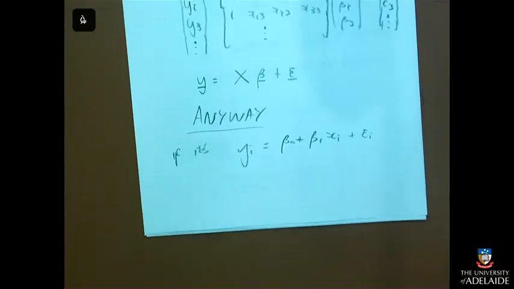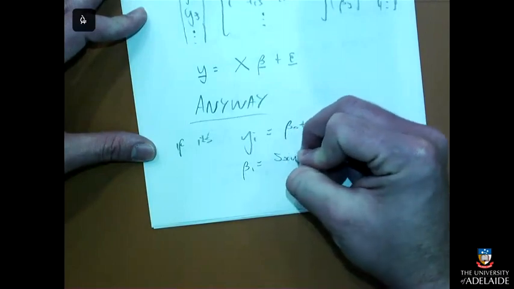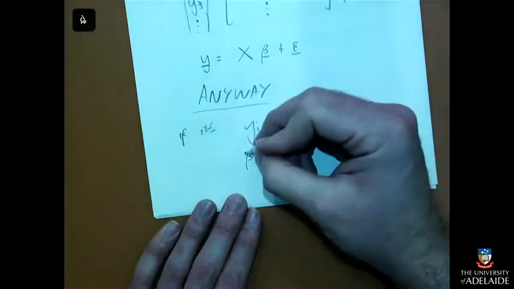But you have been given these ones, that the beta 1 will be the Sxy divided by the Sxx. And this Sxy is the sum of (xi minus x bar)(yi minus y bar), and this is the sum of (xi minus x bar)(xi minus x bar). That's the beta 1 hat.